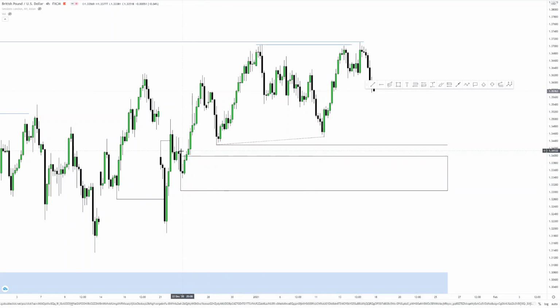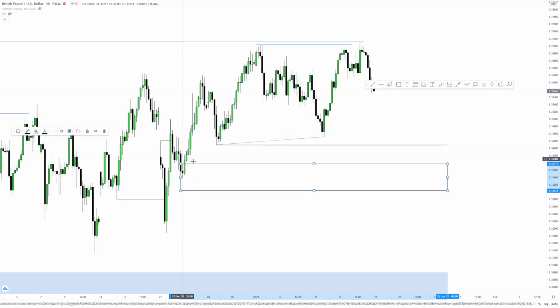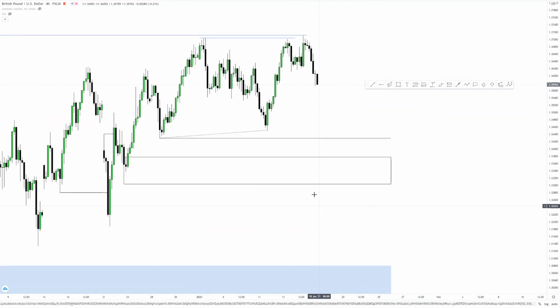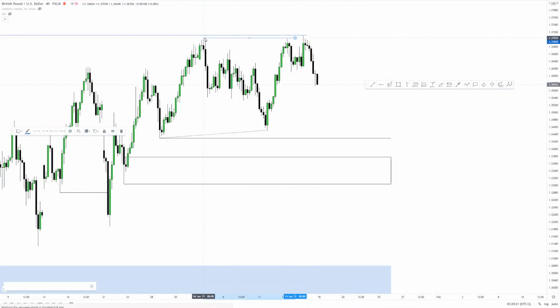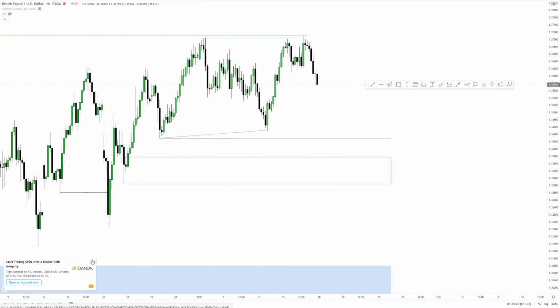So looking at the new refined area, we can see that we have an imbalance again within the zone that we had starting from the monthly. So I'm just gonna use up until the imbalance is filled. So fine, we're bearish. I would say we are bearish up until here, right?